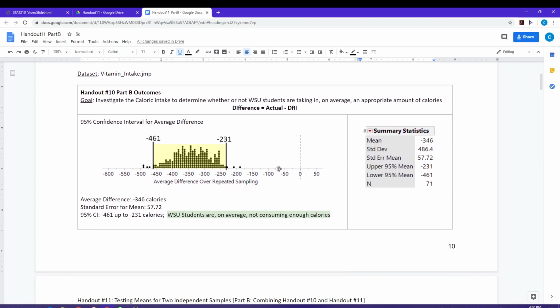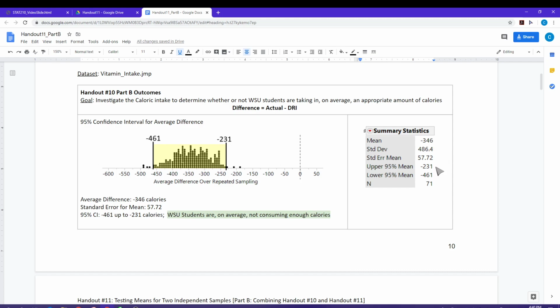Here's a snippet of output from handout number 10, Part B. We learned that the confidence interval was completely negative. The confidence interval went from minus 461 up to minus 231. That meant that WSU students were taking in about 230 to 460 fewer calories than they should have been.